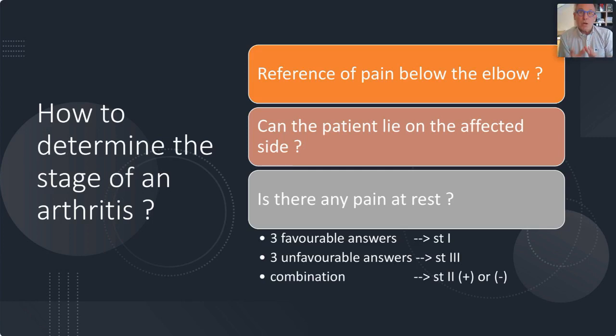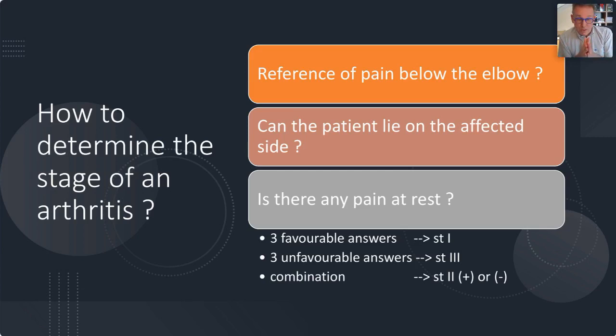If you have 3 times a favorable answer, I don't have radiation that goes that far. I don't have pain at rest. I can lie on that side. And you find the image of an arthritis, then we're going to call this arthritis a stage 1. So in other words, that's slightly irritated.